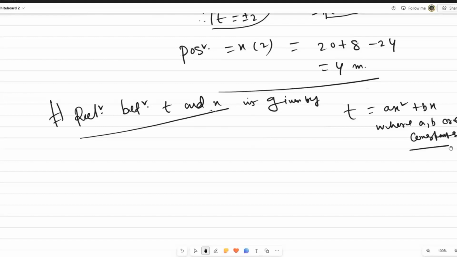Okay? Find the retardation of the particle.